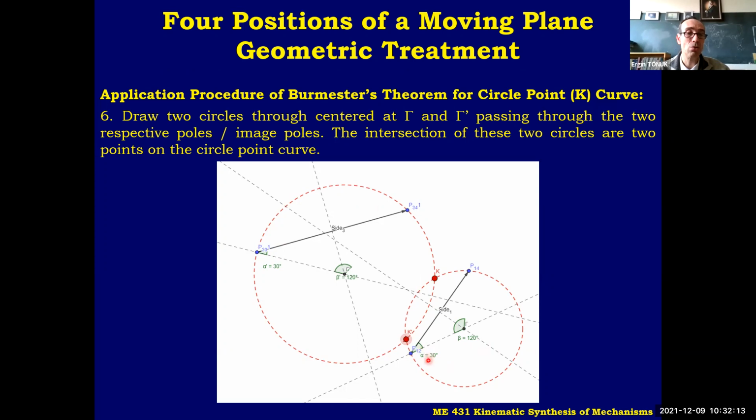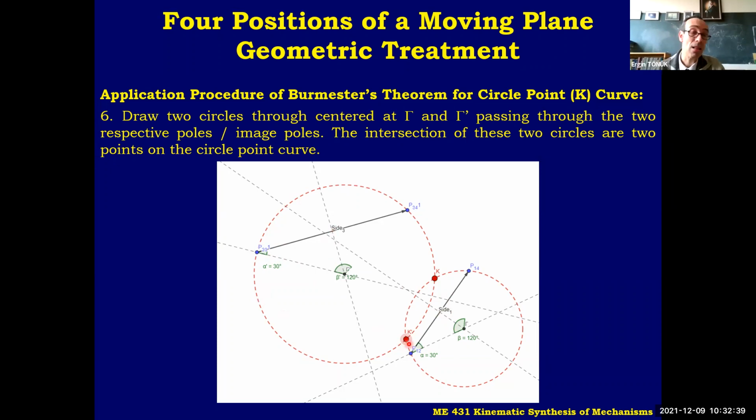I draw 2 circles, one passing through these 2 poles, the other passing through those 2 poles. And the relation between these 2 circles is these angles, which the center makes with the sides, are the same, and they intersect at 2 points.